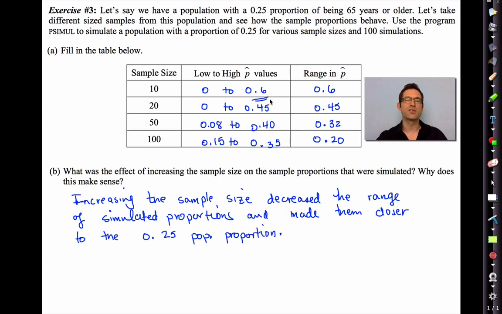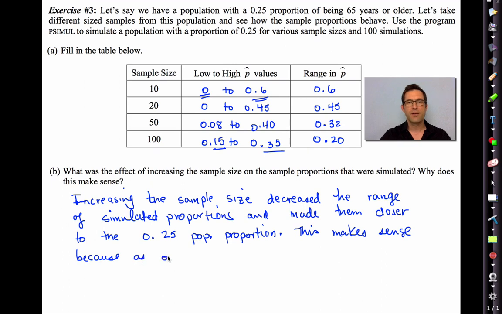And you can really see that, right? I mean, 0.6 is a long ways away from 0.25, so is 0. On the other hand, 0.15 and 0.35, well, they're not that far away from the 0.25, right? And why does this make sense? Well, this makes sense because as our sample gets larger, it more closely resembles the population.